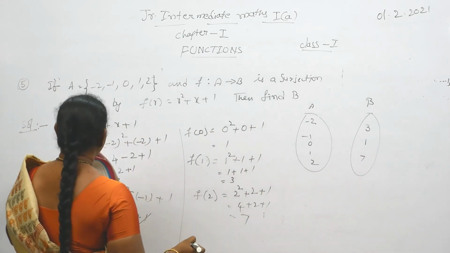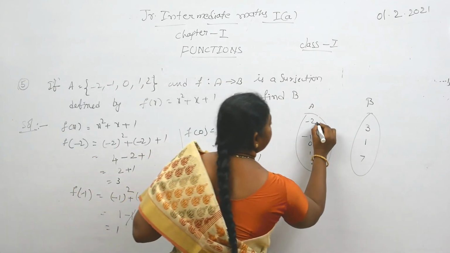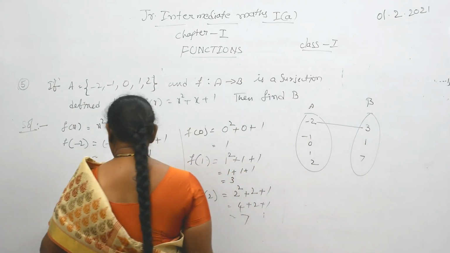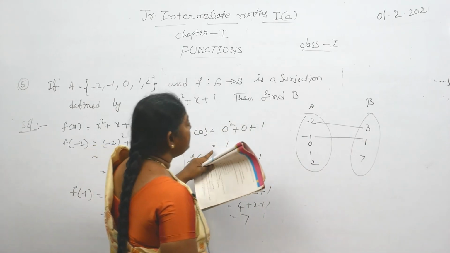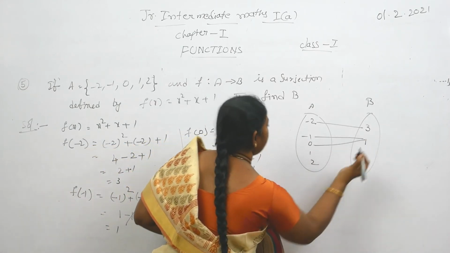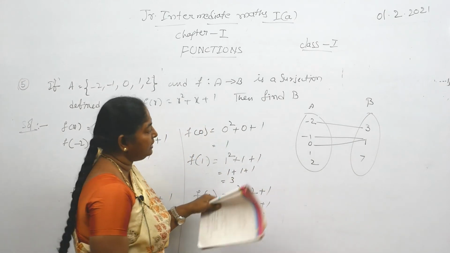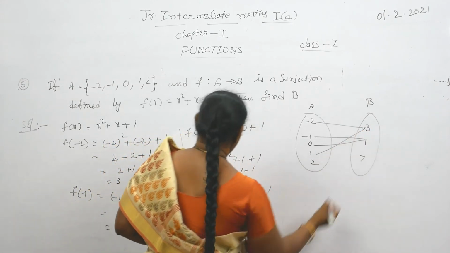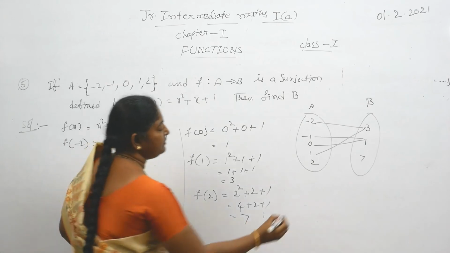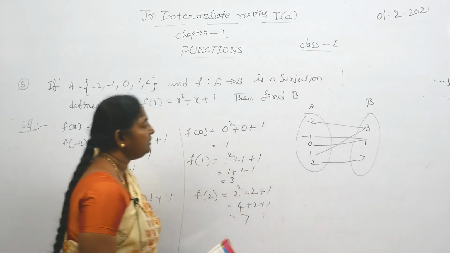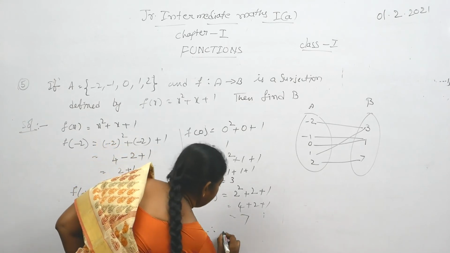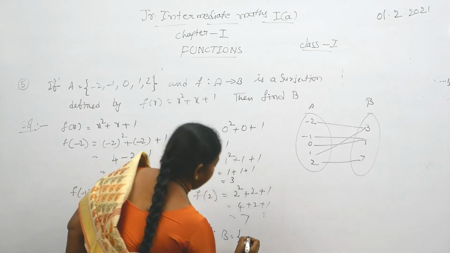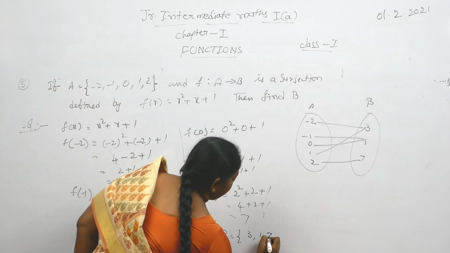So f of minus 2 equals 3, f of minus 1 equals 1, f of 0 equals 1, f of 1 equals 3 and f of 2 equals 7. So therefore B equals the set of 3, 1, 7.